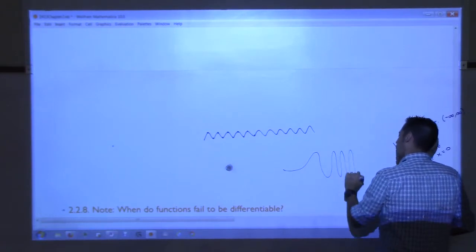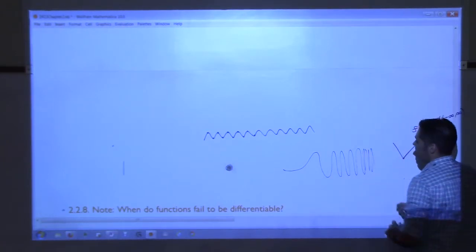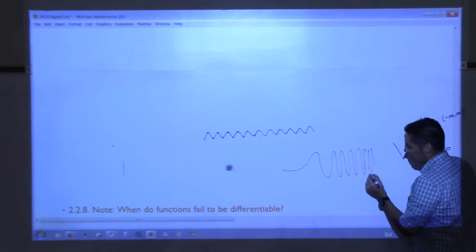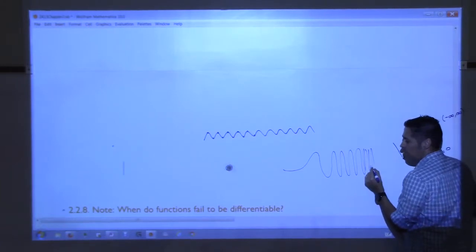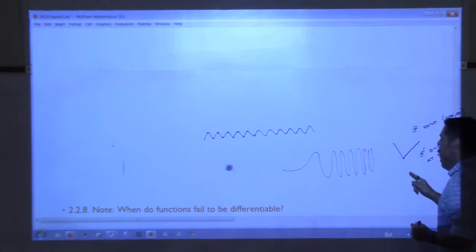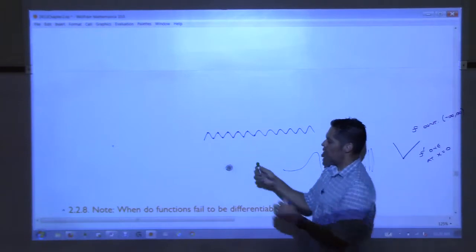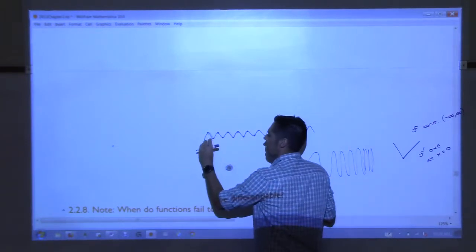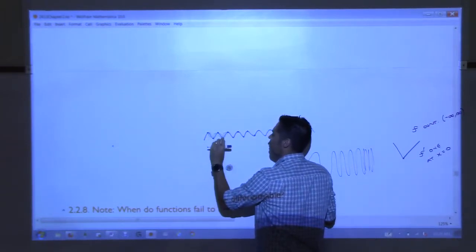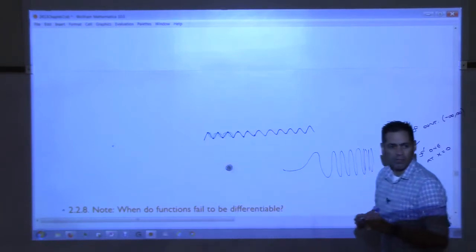This function right here would actually be differentiable everywhere because these are curves. What we need for non-differentiability is sharp corners like this. So a saw blade would almost work, but you would be able to take derivatives in all those green points because those are little straight lines.